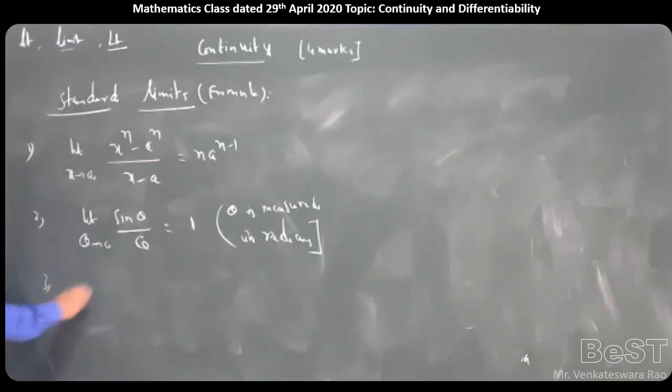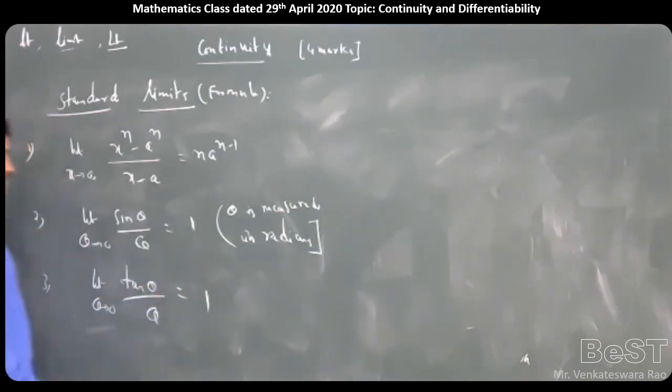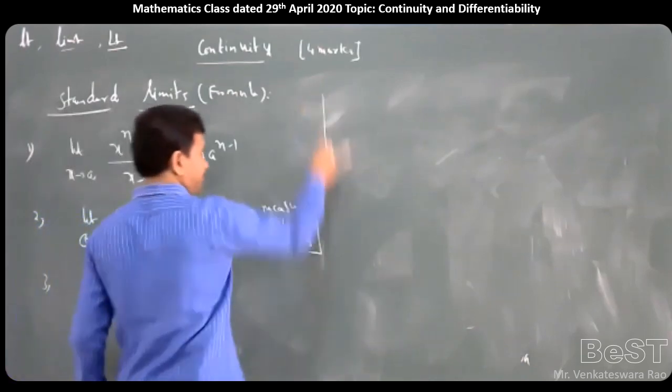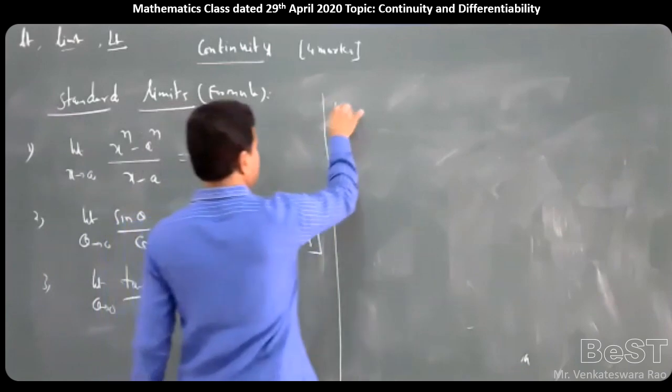Write the third formula. Limit of theta tends to 0, tan theta by theta is 1. Next, fourth one.